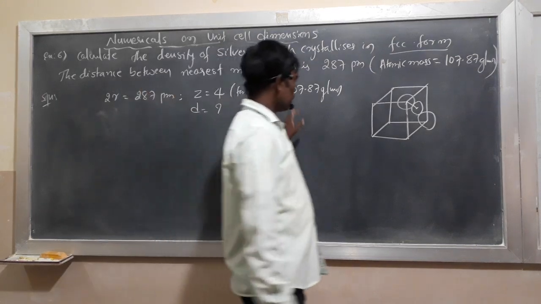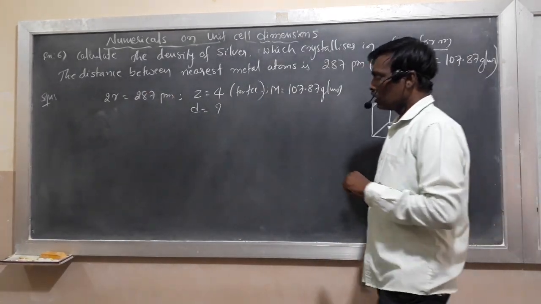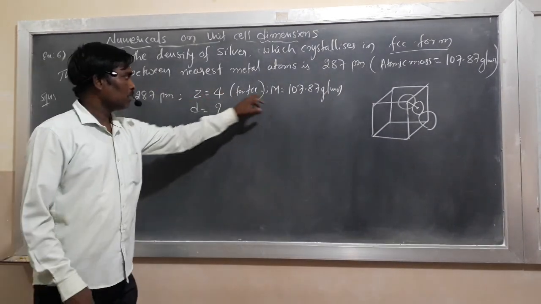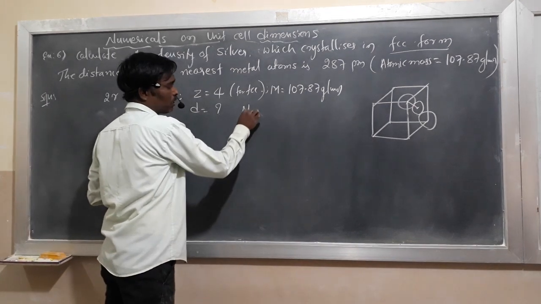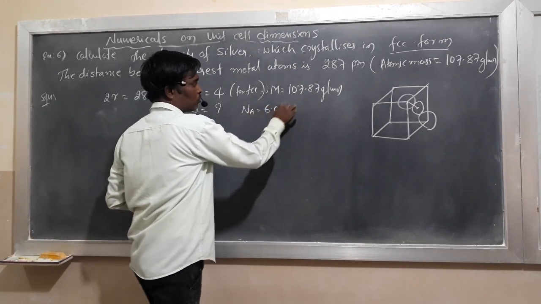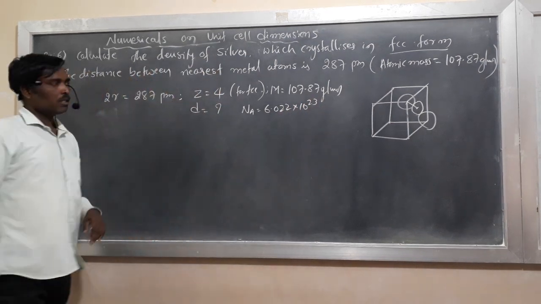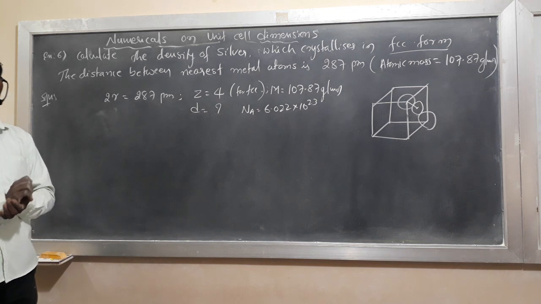So Z value is 4, M value is 107.87, and in the denominator Na is the Avogadro's constant. Its value is 6.022 into 10 raised to 23. That is Avogadro's number, and another parameter is a cube. a cube is the volume of the unit cell.